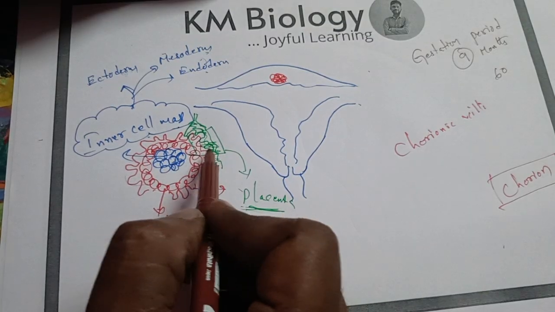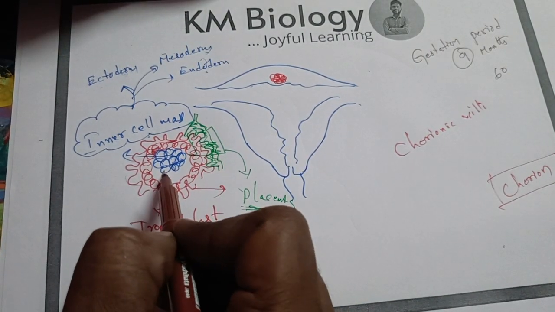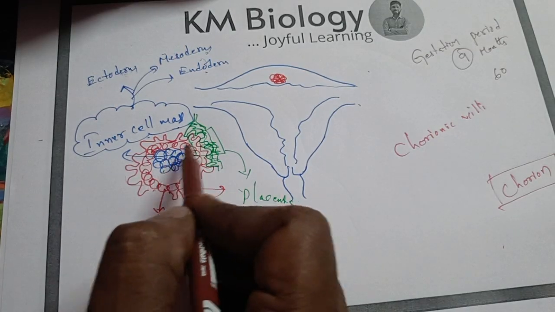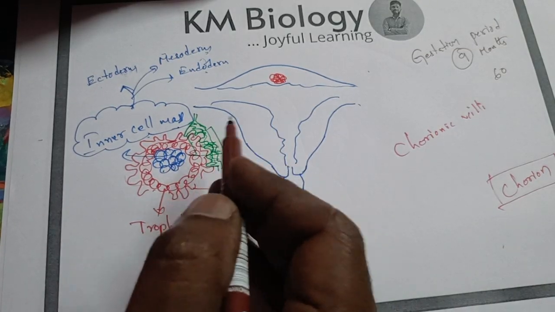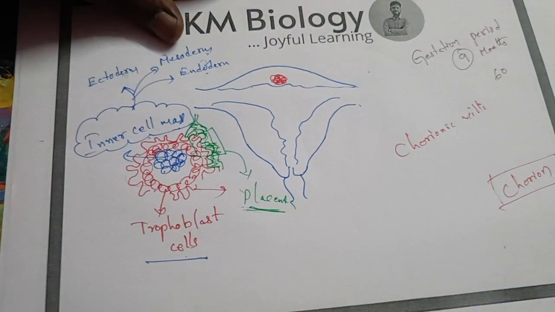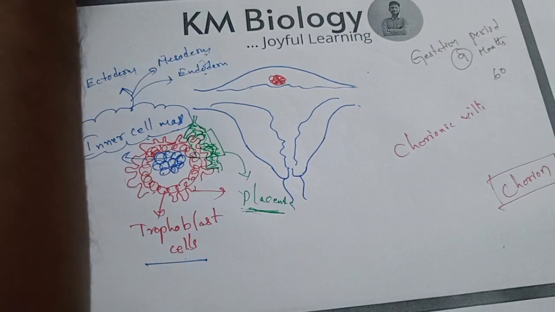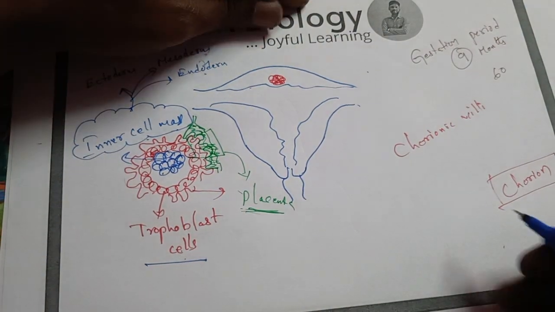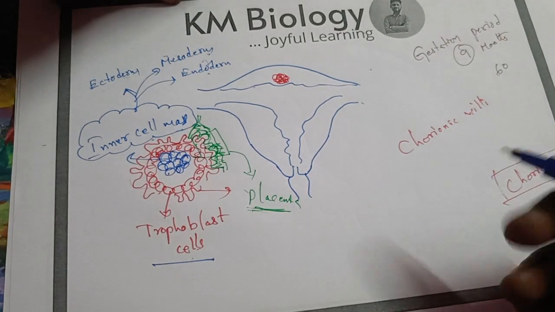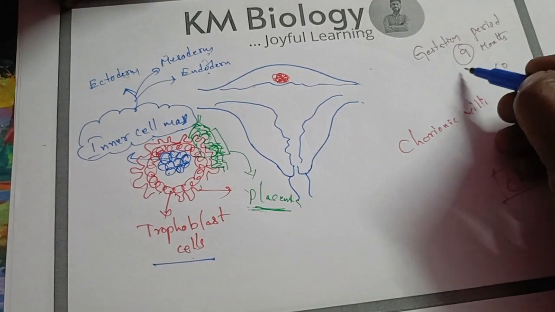after formation of the placenta, this placenta provides nourishment to the growing embryo, and also it removes carbon dioxide and waste materials, and the development will become very fast, and you can see the changes. You may get a direct question: what changes do you notice in development at certain months? So already you have seen that it is 9 months.